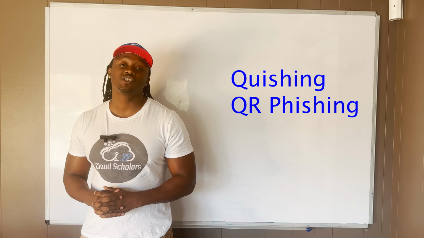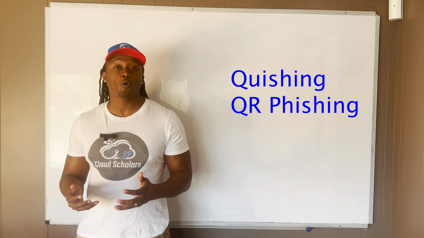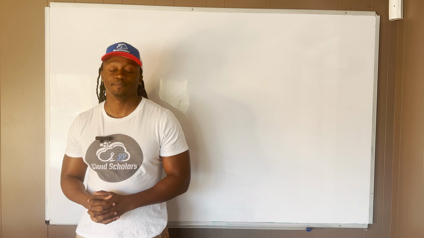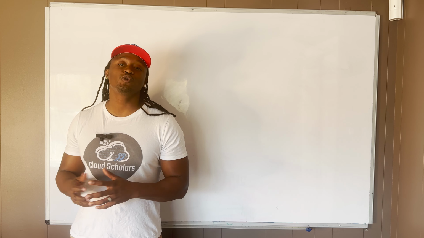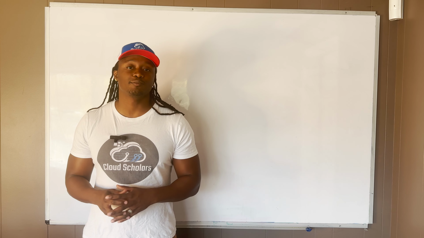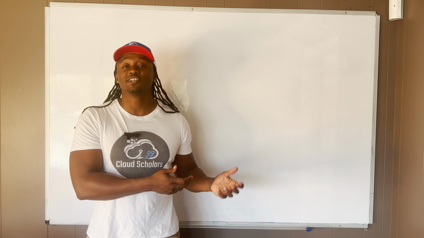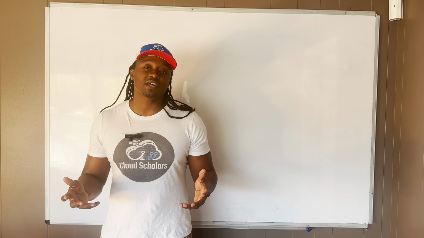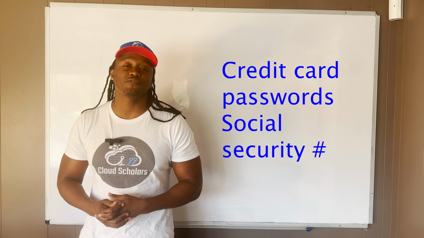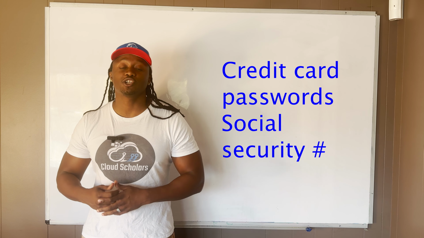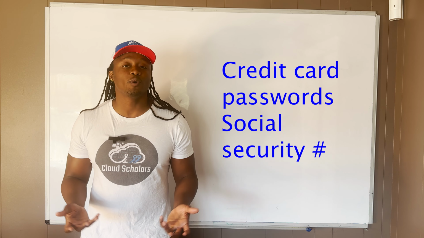Quishing, which is spelled Q-U-I-S-H-I-N-G, also known as QR phishing, is a cybersecurity threat in which attackers use QR codes to redirect victims to download malicious content or even prompt them to go to malicious websites. The goal of this kind of attack is to steal sensitive information, things like your passwords, your login information, any credit card information, and so on, that you really don't want in the hands of anyone else but you and your loved ones.